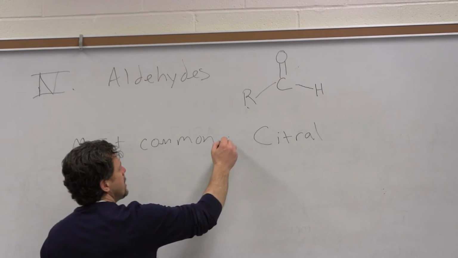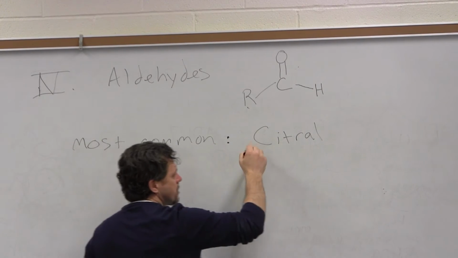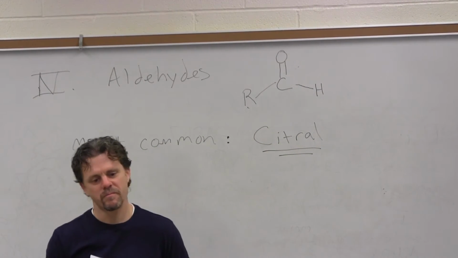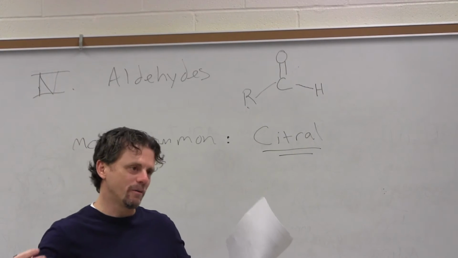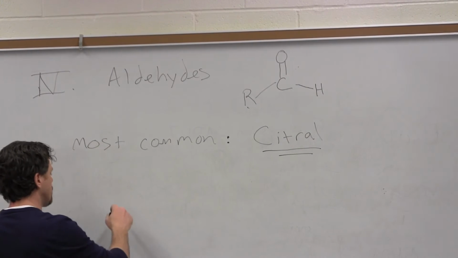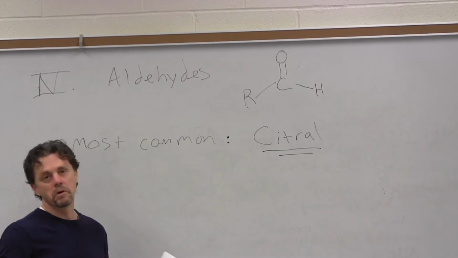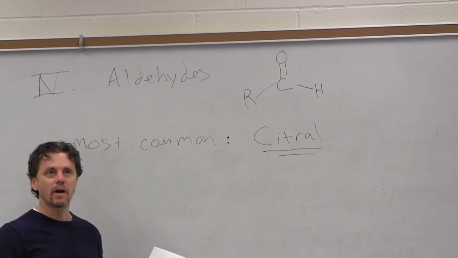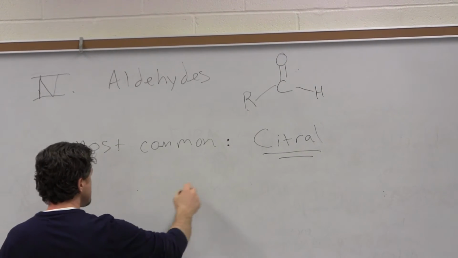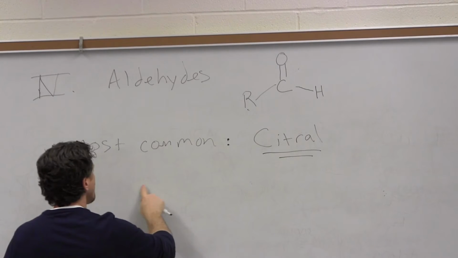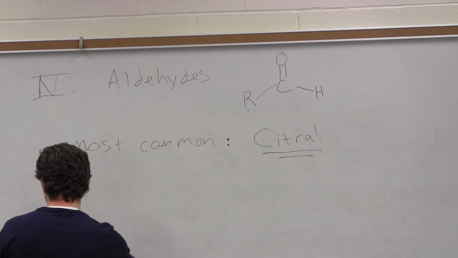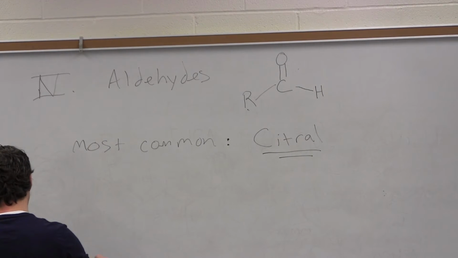The interesting thing about Citral is this trivial name does not refer to one molecule. Initially, probably they thought it was one molecule. But what it actually is is a combination of two molecules that pretty much always occur together. I don't know of a case where one occurs without the other. So when you see a reference to citral, you have to know that we're not talking about one molecule. We're always talking about the pair, which specifically are neral and geranial.